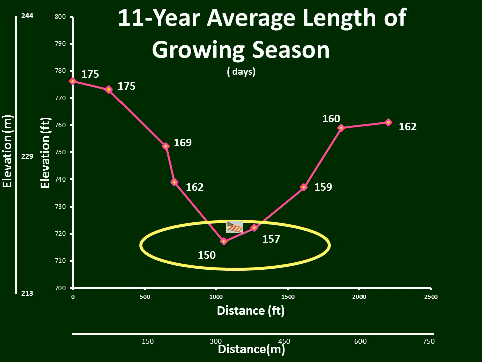So if we take a look right here, here we have 175 days, down here 150, a 25-day difference, or almost a month on average difference in the length of the growing season, and that's directly related to the topography of this valley. Wow.